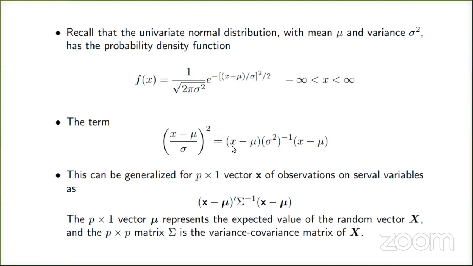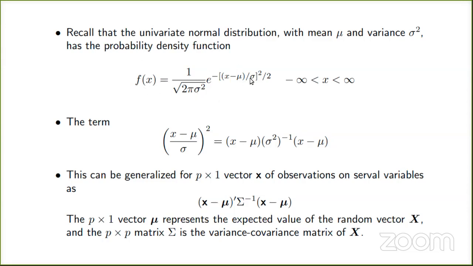Okay, now let's look at the Gaussian distribution. In your PDF material, there was already content for the Gaussian distribution. In one dimension, the Gaussian looks like this: 1 by root 2 pi sigma square, e to the power minus x minus mu by sigma whole square divided by 2. This expression is a distribution over all x.